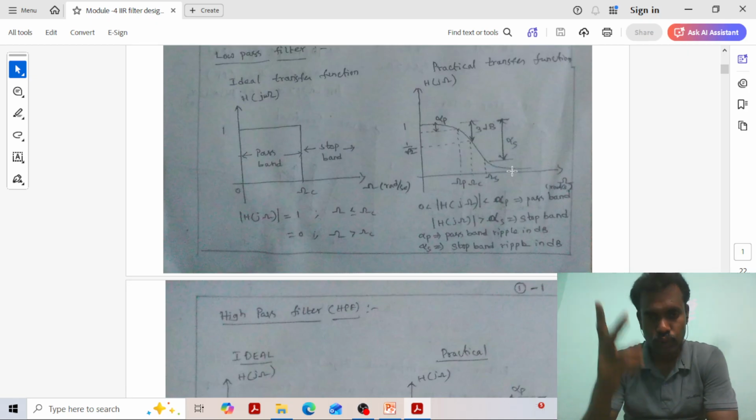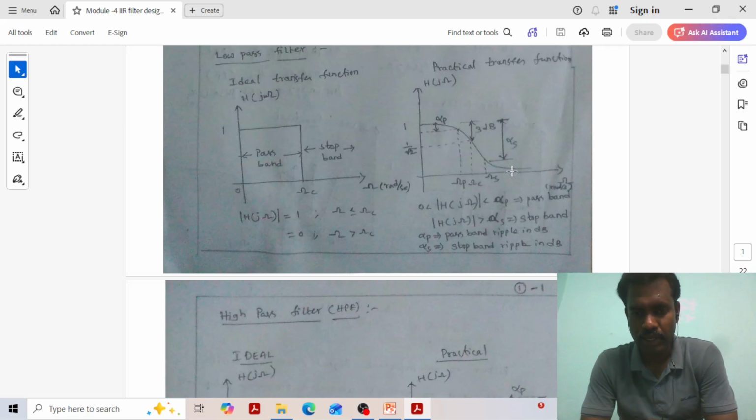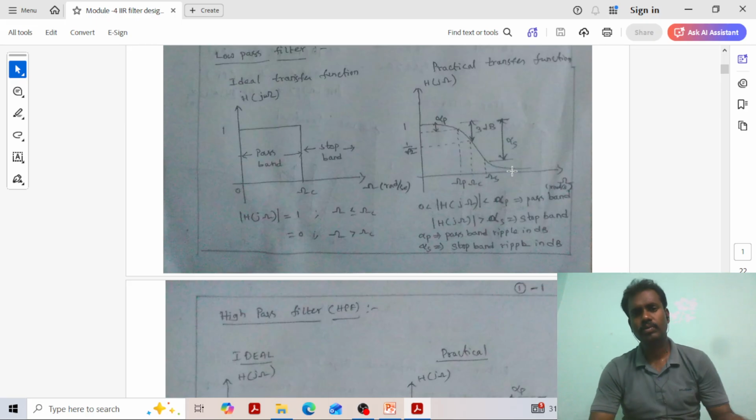So we can fix two frequencies other than omega c in practical filters, because a practical filter does not change sharply from the passband to the stop band. As it is decaying gradually, depending on the requirement, we choose frequencies other than the cutoff frequency as the passband frequency and stop band frequency, right?